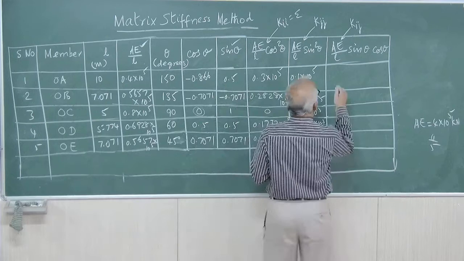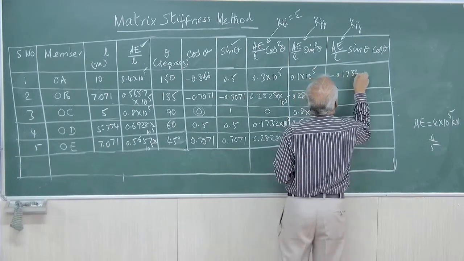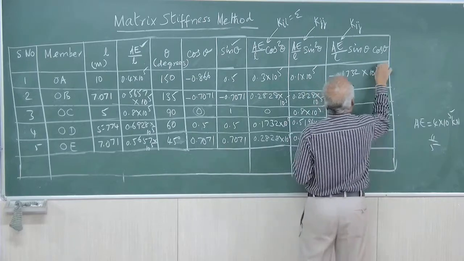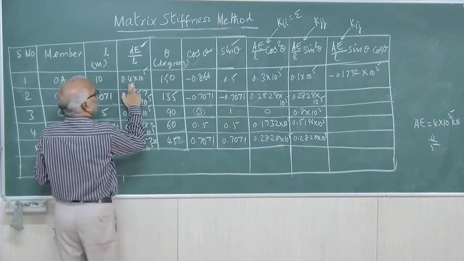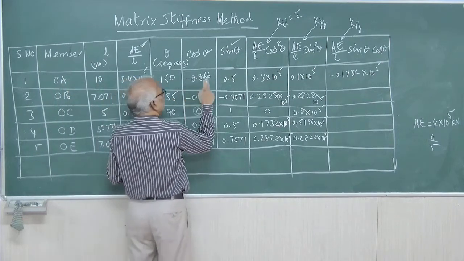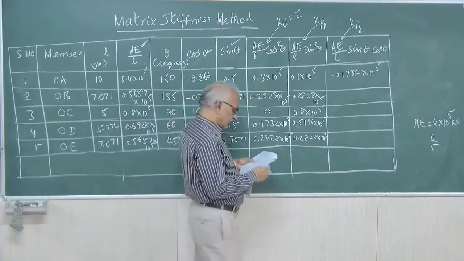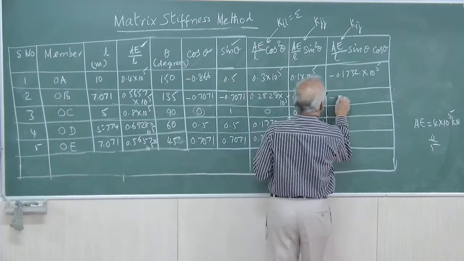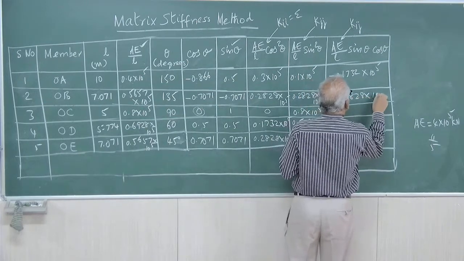Here it is minus 0.1732 into 10 power 5, because AE by L is 0.4 into 10 power 5, cos theta is minus 0.866, sin theta is plus 0.5, multiplying, we get that value. This is equal to minus 0.2828 into 10 power 5.